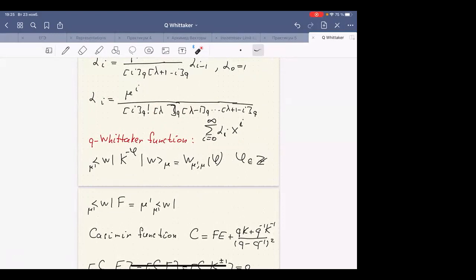Okay, so we can try to just compute this one. Just write the expression for this, and the expression for this. Then we will have to compute the following matrix elements. It will maybe not be very easy.